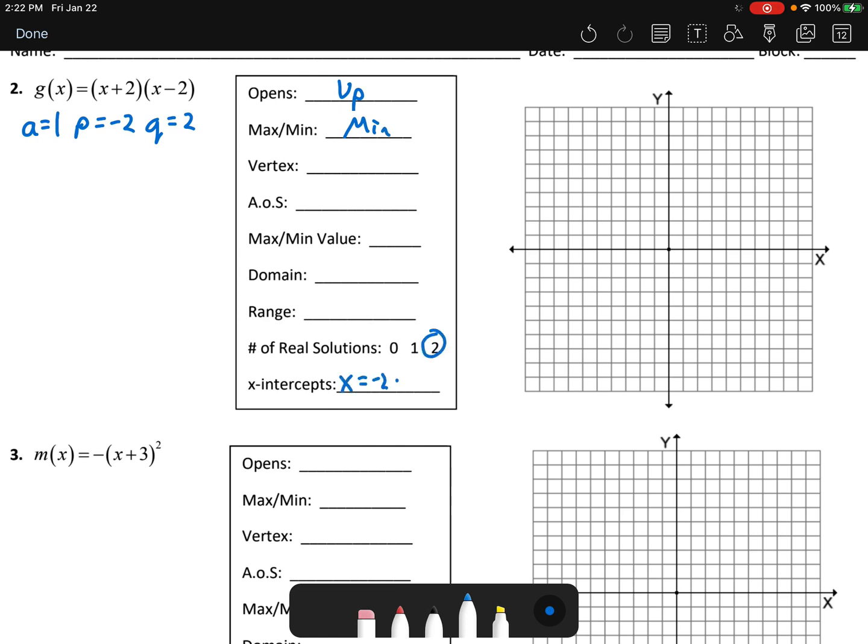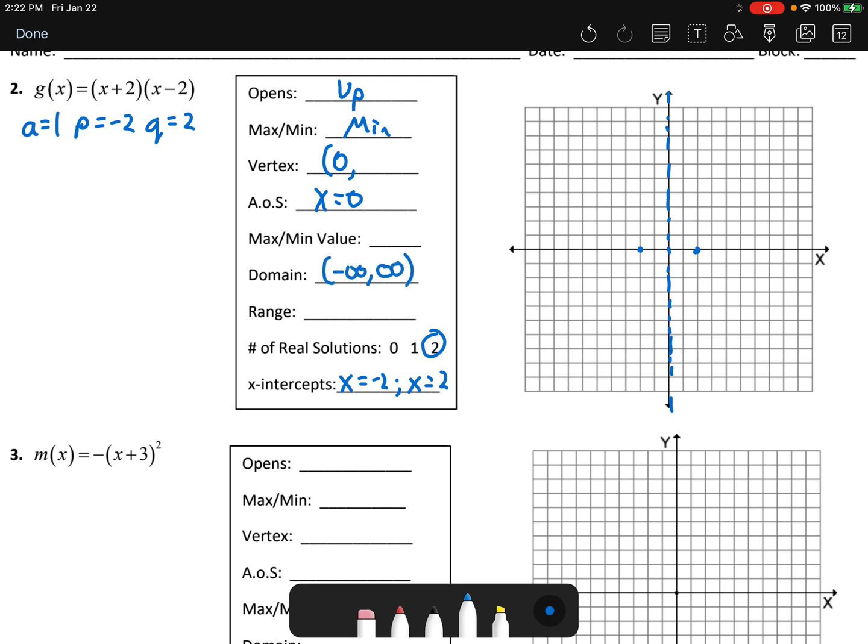We know we have 2 solutions, negative 2 and positive 2. Okay, so I'm going to graph those. Now, where is the middle of negative 2 and positive 2? 0, isn't it? So our axis of symmetry is halfway in between, which is 0. So x equals 0. So I know my vertex is going to be 0 something.